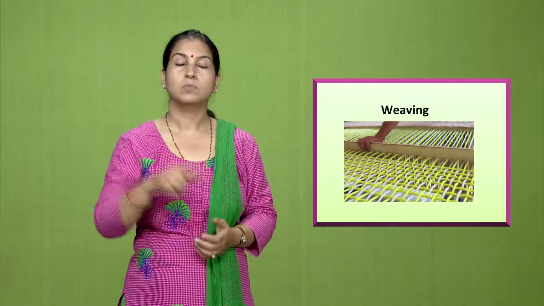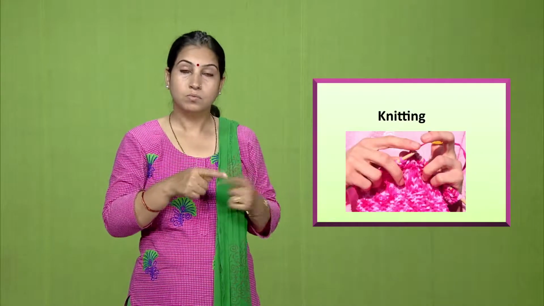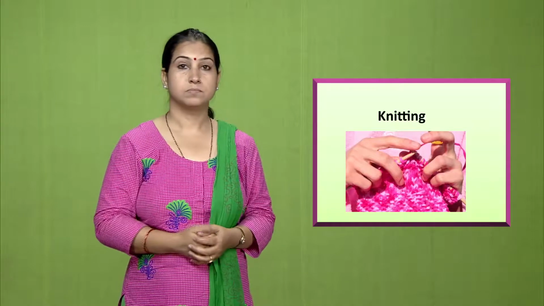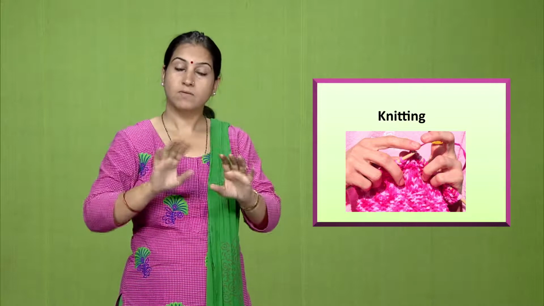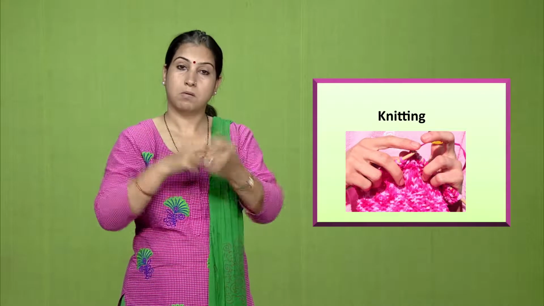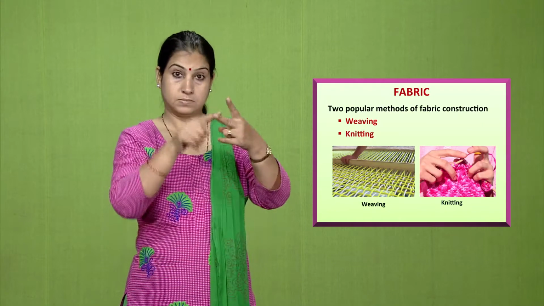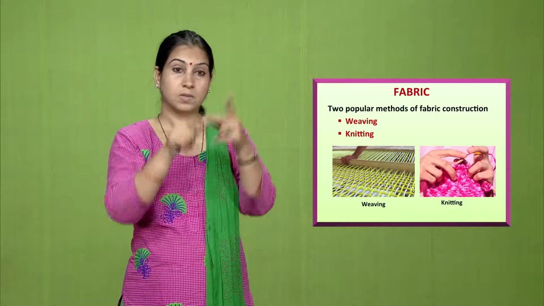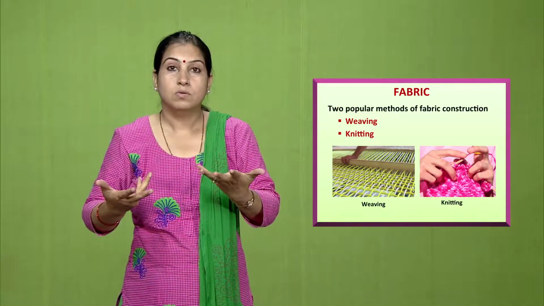You can see here the weaving is being carried out, and in another picture the knitting is being carried out. Through these two methods, a yarn is converted into fabric.